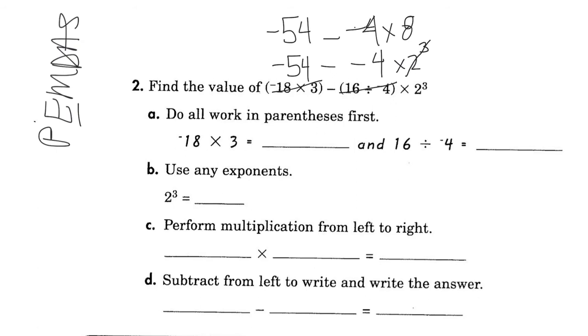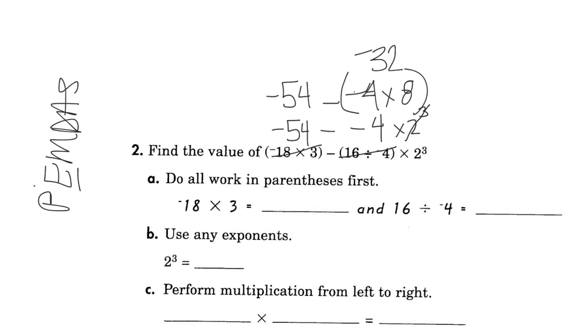So when I rewrite that, I get negative 54 minus negative 4 times 8. Well, when I do my multiplication, negative 4 times 8 is negative 32. So now I have negative 54 minus negative 32.